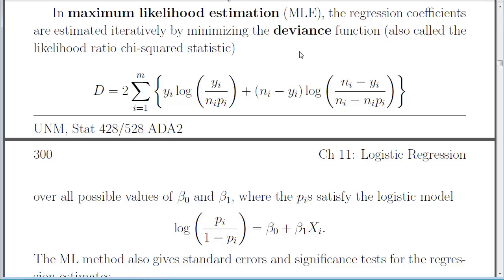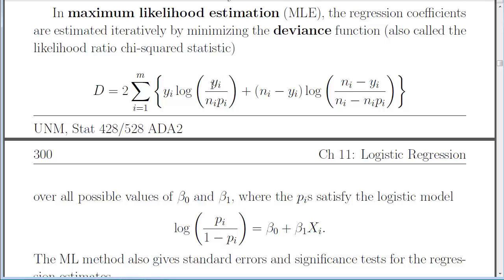And so one way to check how well our predictions fit: the pi are the probability of success, n is the number we observed. So if you multiply n times p, the total number times the probability of success, that's going to give us an estimate of the number that we would have observed in a certain category.